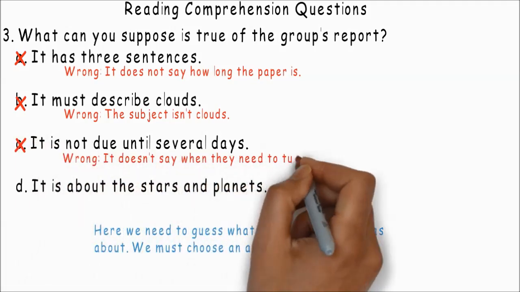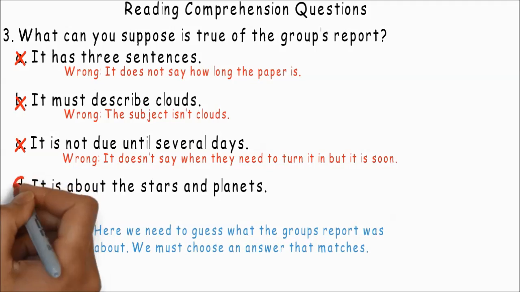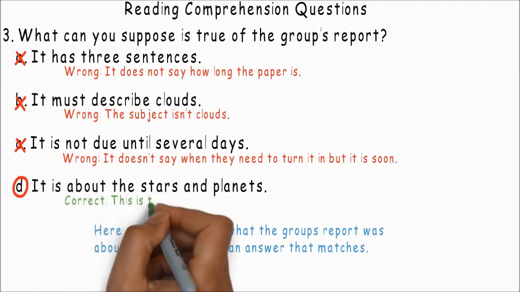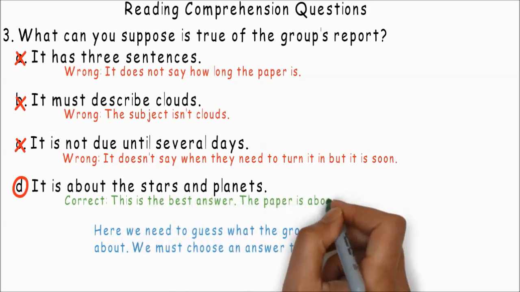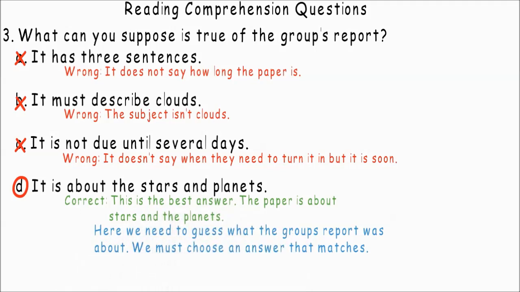It doesn't say when they need to turn it in, except that it is soon. So it must be D. It is about the stars and the planets. This is correct. This is the best answer. The paper is about stars and the planets. So always choose the best answer.